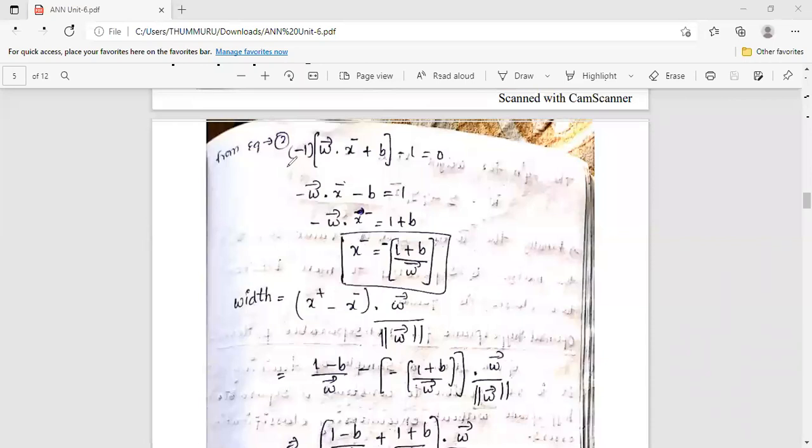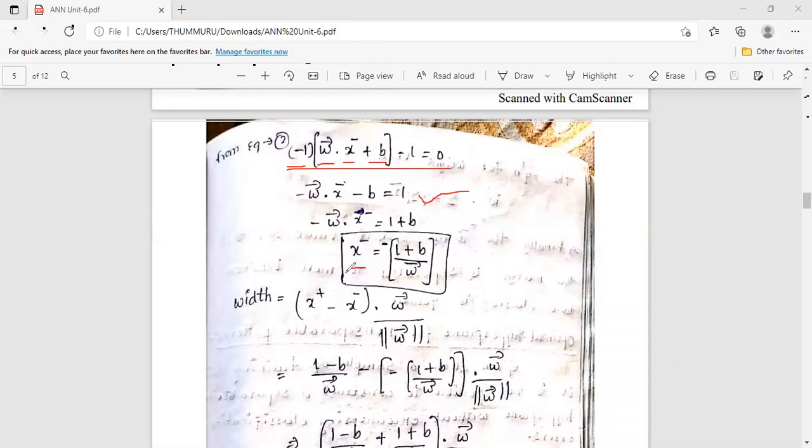So yi is minus 1 into weight vector into x minus plus b minus 1 equals 0. This can be written as minus weight vector into x minus b equals 1. Again, that can be written as x minus equals minus 1 plus b divided by the weight vector. This is the x minus value.